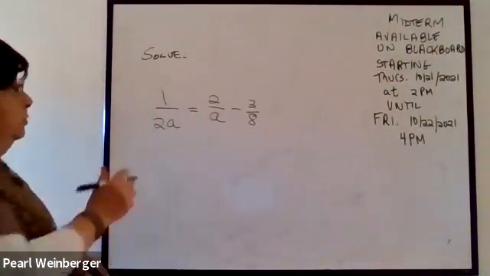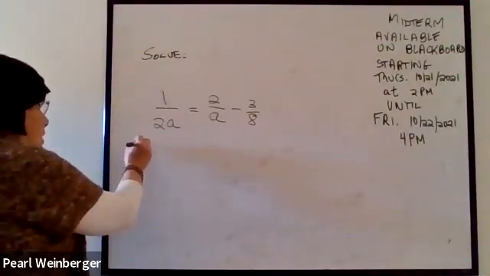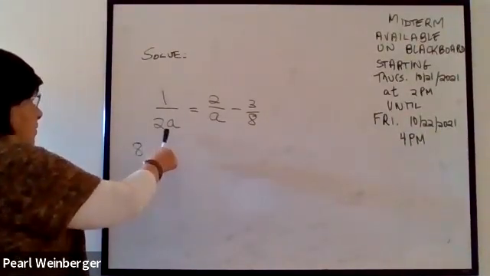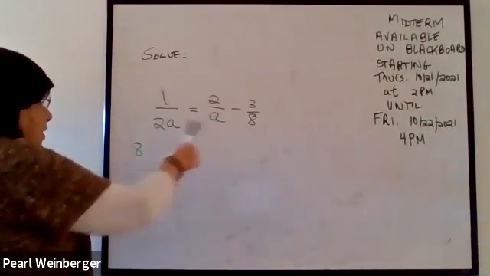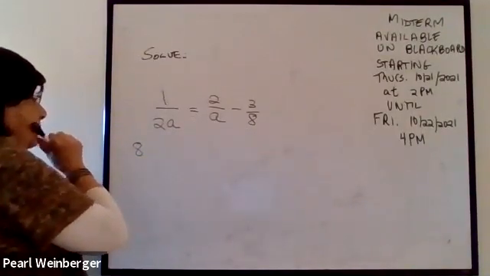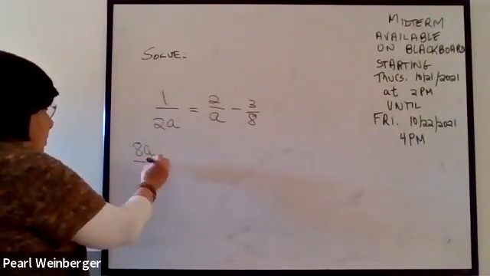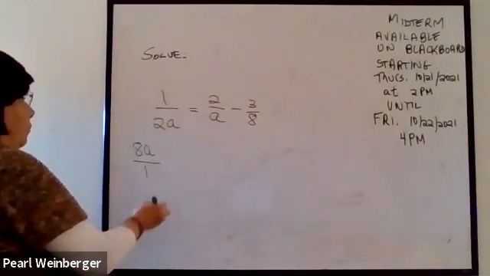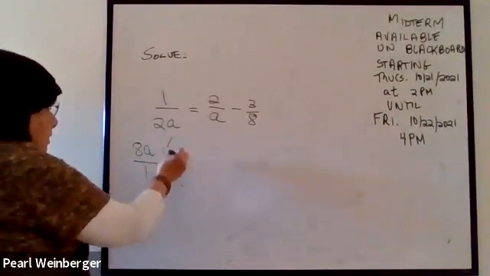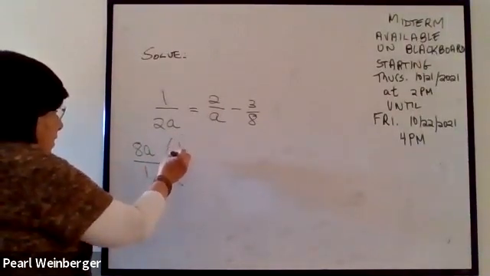They all go into 8. And this is an A, and the highest exponent we see is A to the 1. So 8A is my common denominator. I'm going to put it over 1 and multiply everything by 8A.